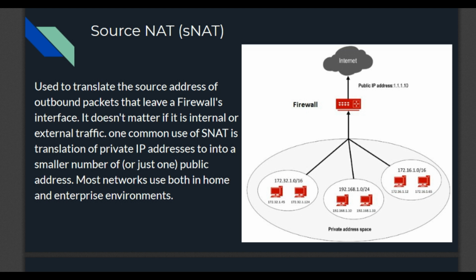It doesn't matter if it is internal or external traffic. One common use of source NAT is the translation of private IP addresses into a smaller number of, or just one, public IP address. This is something most networks use, both in enterprise environments as well as home environments.